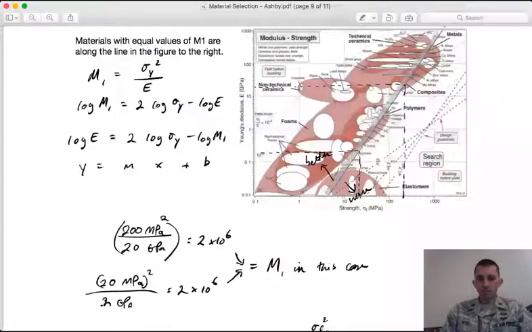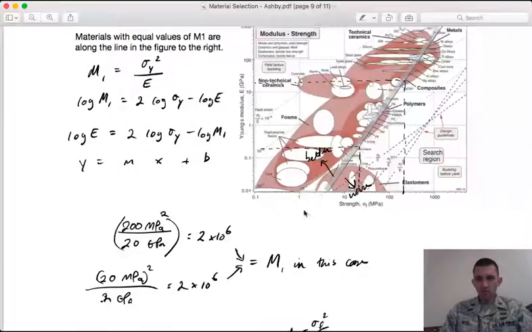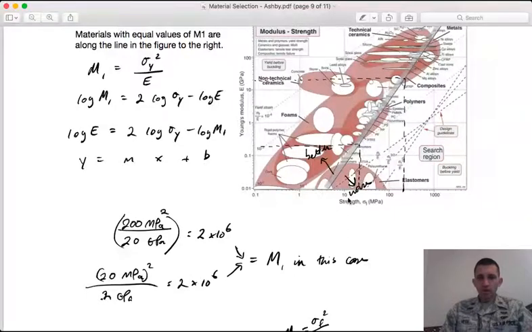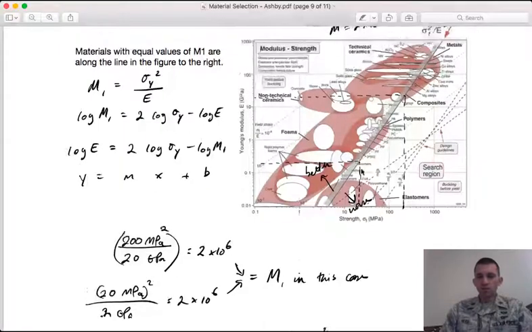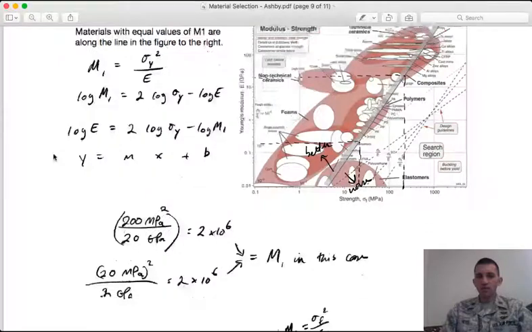I could also pick a line down here in the polymer region, where I have a strength of, say, 20 megapascals, and a Young's modulus of only 0.2 gigapascals, right? But if I plug that in, I get the same M1, which would indicate that I could make this a spring with equivalent properties, at least on a strength and modulus basis, of a polymer or a metal, right? Because I have the same performance value.